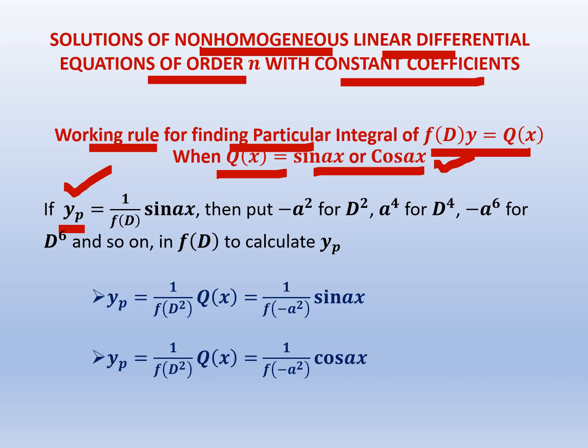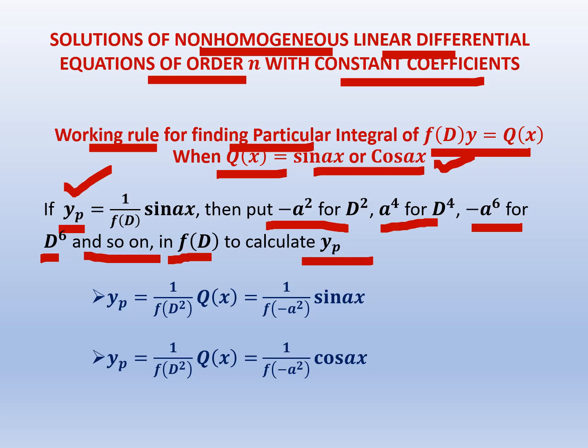If yp is equals to 1 by f of D into sin ax, then put minus a square for D square, a power 4 for D power 4, minus a power 6 for D power 6, and so on in f of D to calculate particular integral yp.